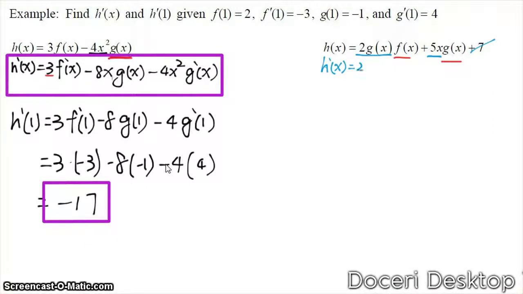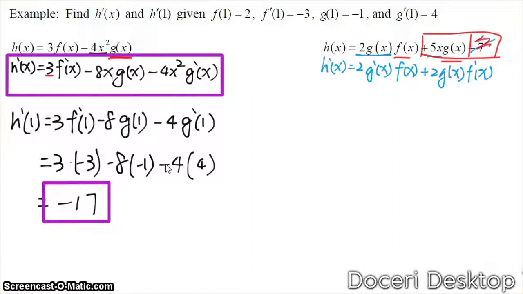So this is going to be g prime of x times f of x, plus 2 g of x f prime of x. Product rule. Plus, let me write the second part in red. Not the 7, ignore the 7.